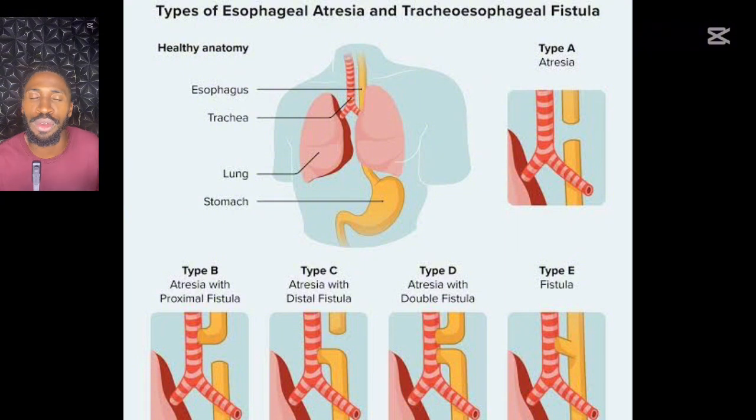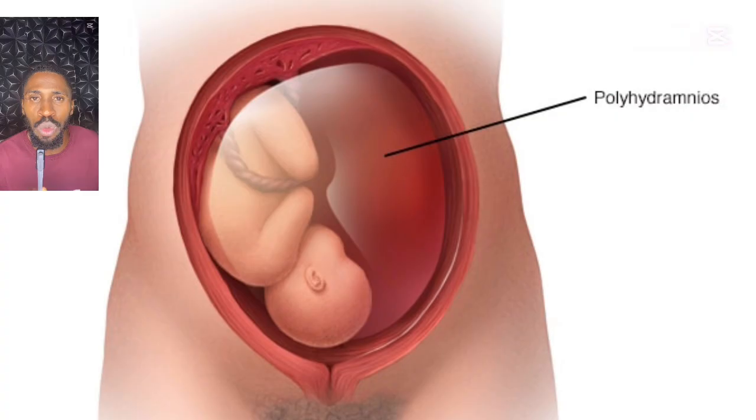One thing about this fistula is that it can prevent amniotic fluid from passing through the esophagus of the growing fetus, which will cause excessive amniotic fluid in the amniotic sac, causing what we call polyhydramnios. So when there's polyhydramnios, it can be a problem.